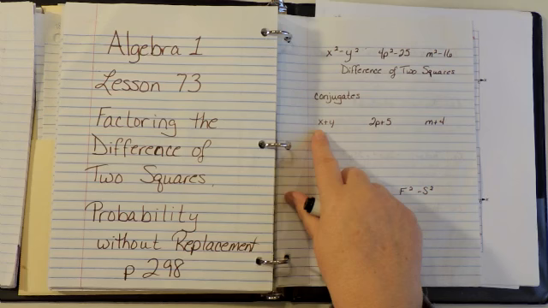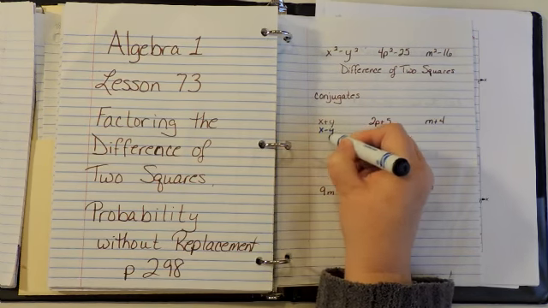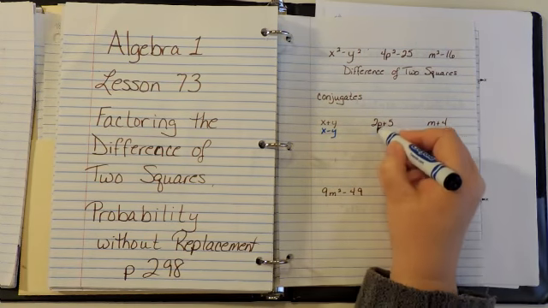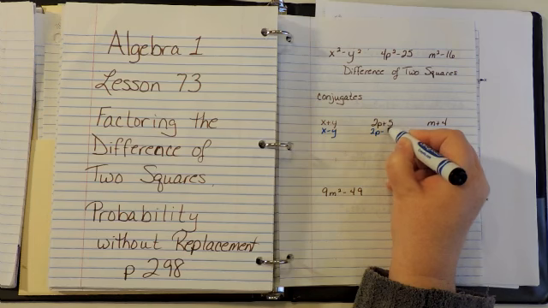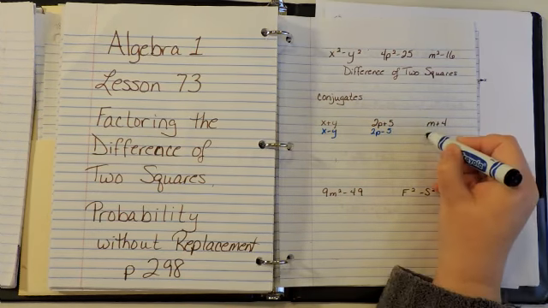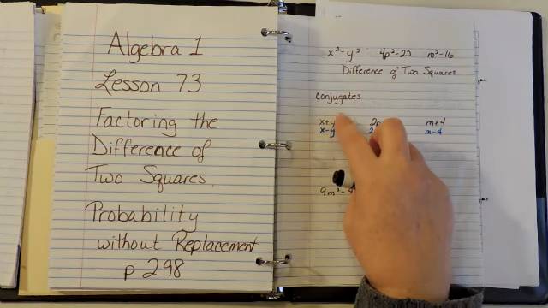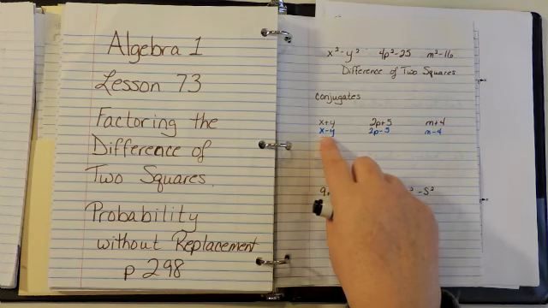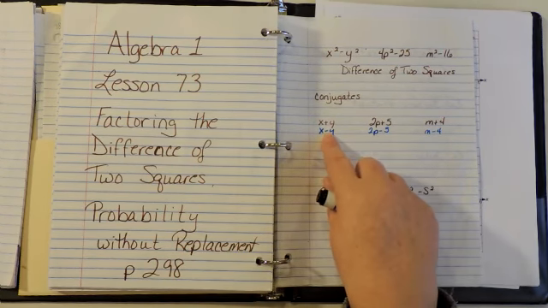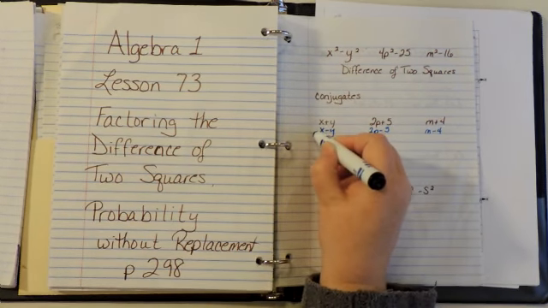For example, we can multiply x plus y times x minus y, 2p plus 5 times 2p minus 5, and m plus 4 times m minus 4. These are called conjugates. When the variables or numbers are the same but the sign in the middle is different, it's called a conjugate. When we multiply conjugates, we get the difference of two squares.